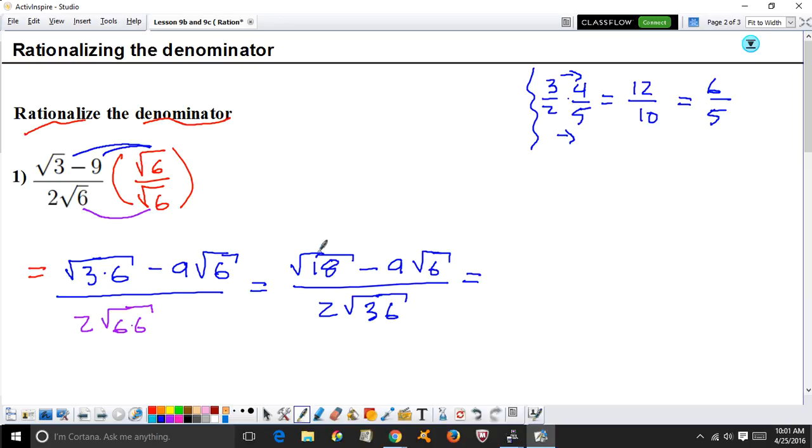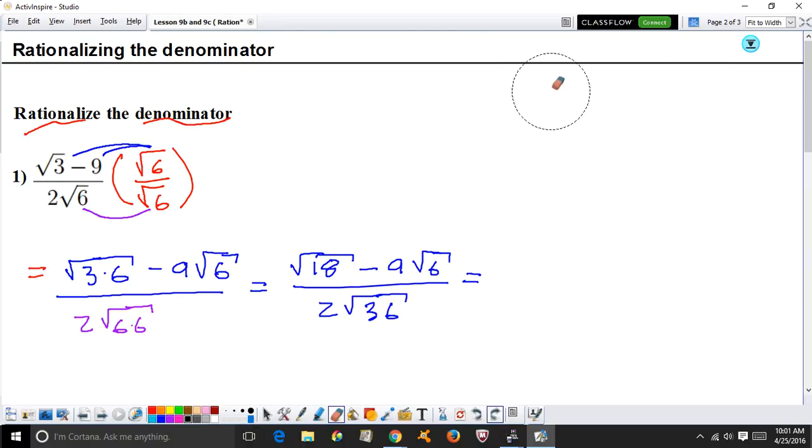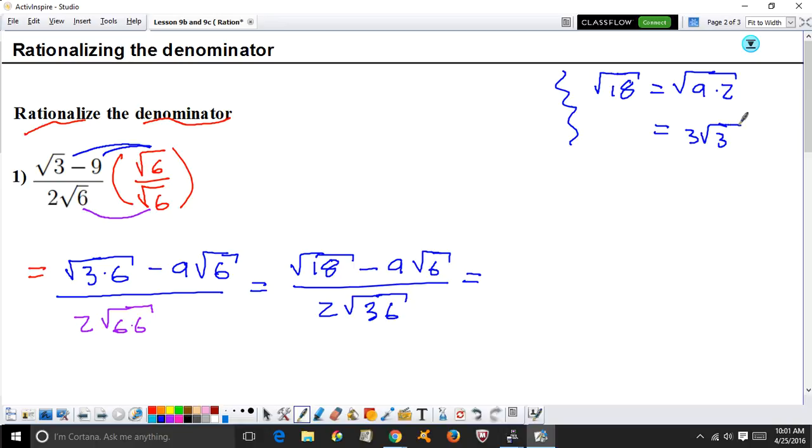Now let's see, can I simplify anything? Notice the square root of 18. I can rewrite it as 9 times 2. From our previous lesson, you know that 9 is a perfect square. The square root of 9 is 3, so you can take the 9 out, and that's how we got this 3.